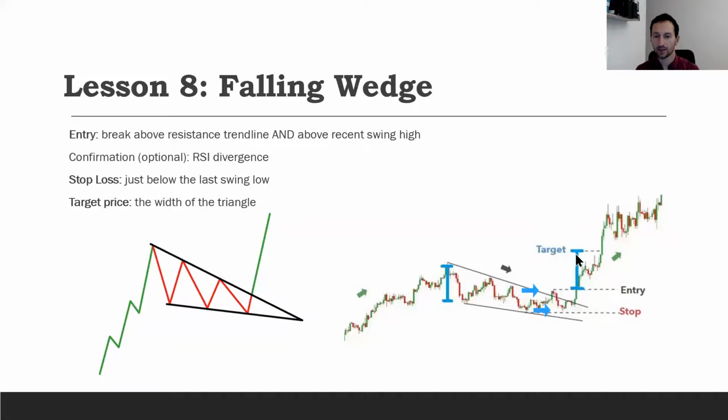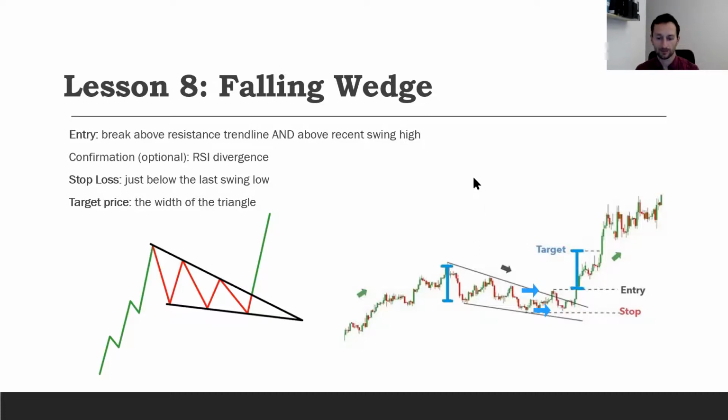And then the target is really the same as with the triangles. The width of the wedge, at the beginning of the wedge, is my distance from entry to target right here. So this distance from entry to target is the same as the width of the wedge.